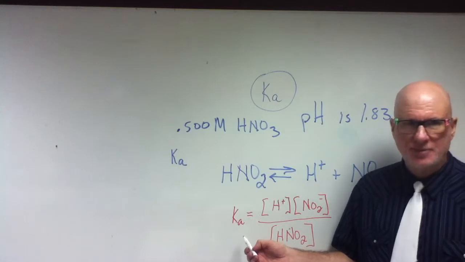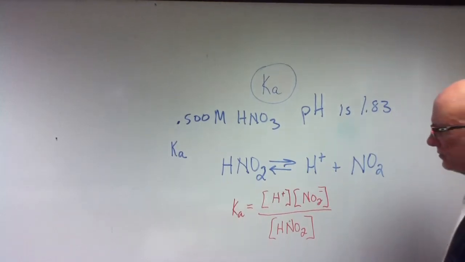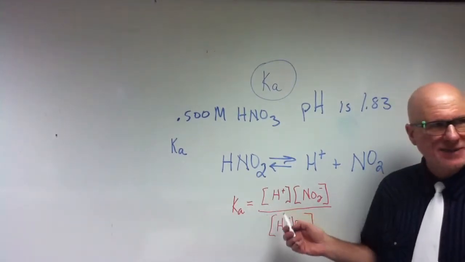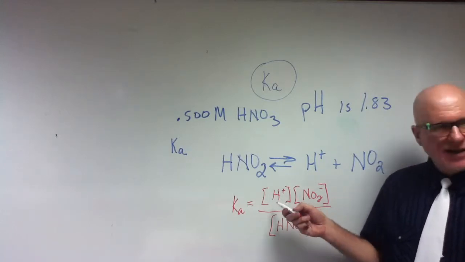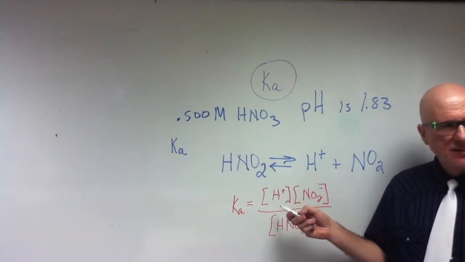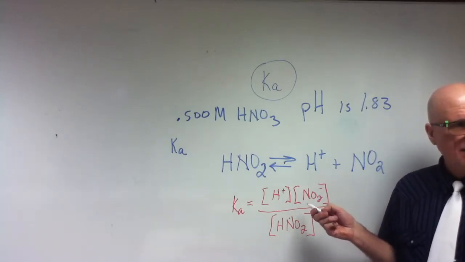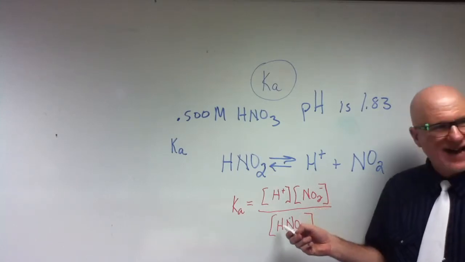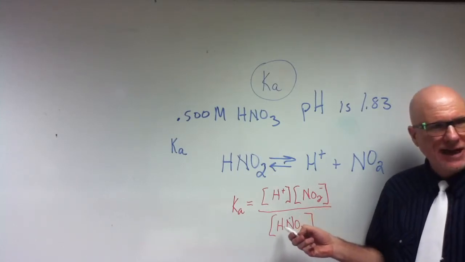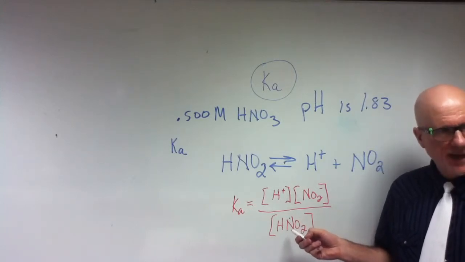This is important, this is big. Now you can read this mathematically. Remember, brackets mean molarity, correct? Okay. The molarity of the H plus times the molarity of the anion, in this case nitrite, divided by the molarity of the solution. You get that?